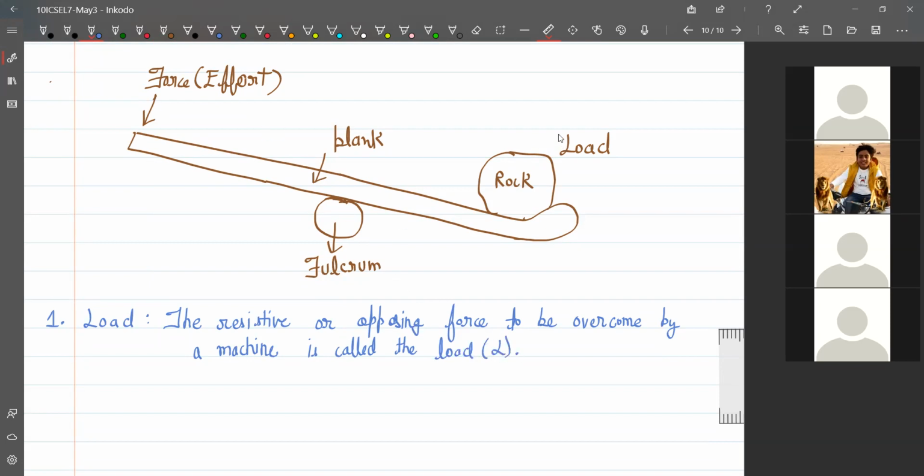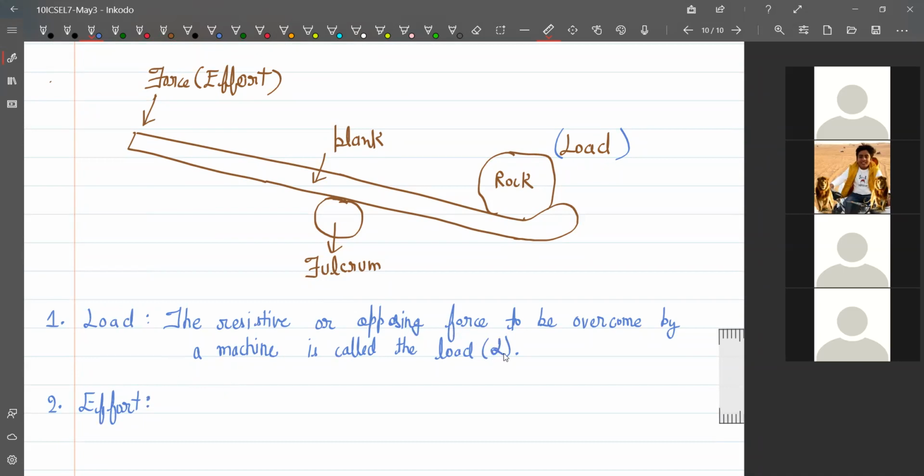And of course, if this is the load, then this is the effort. The second part of a simple machine is effort. The force applied on the machine to overcome the load is called the effort.